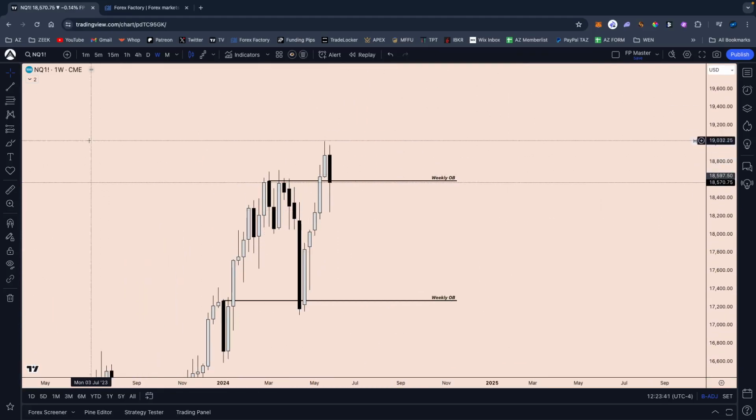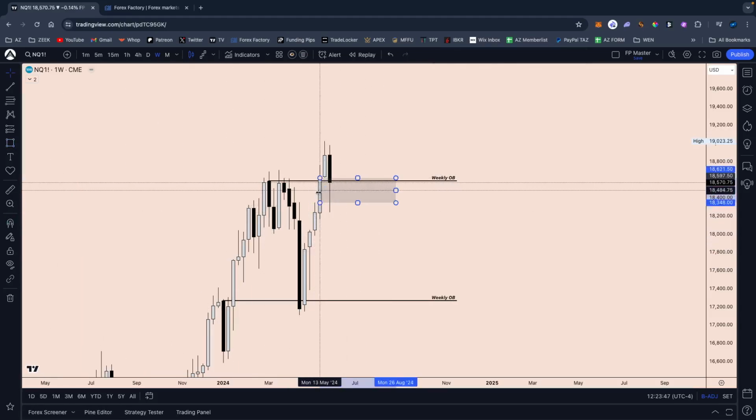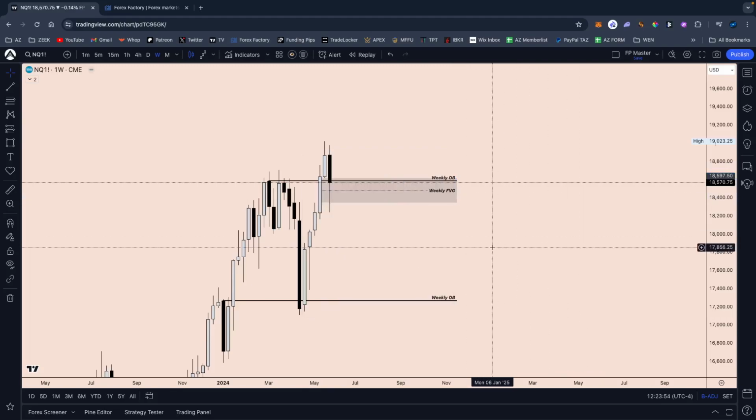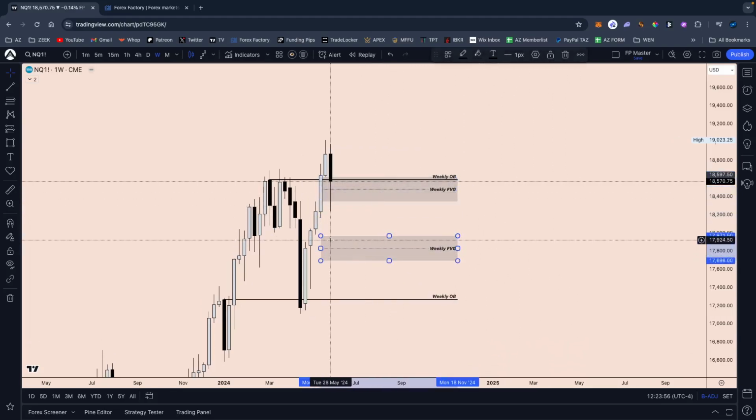What else do we have sitting up here? We have a weekly bullish fair value gap. Weekly FVG, couple of them actually.